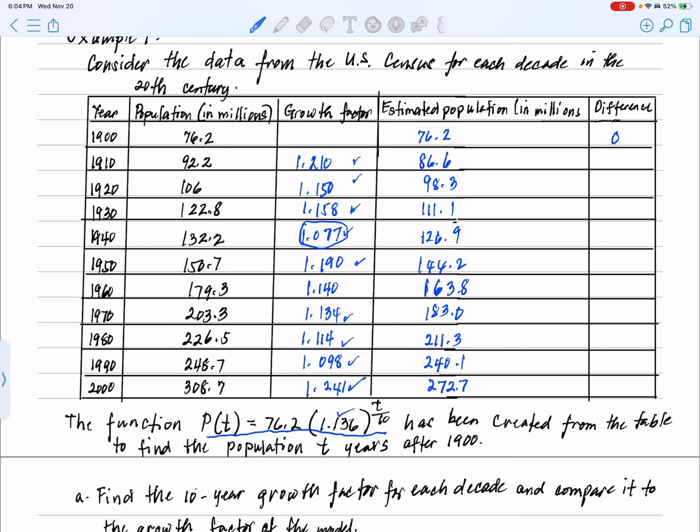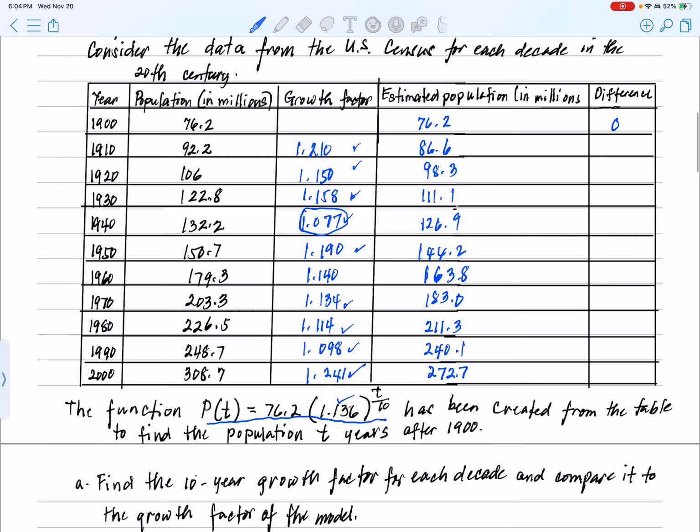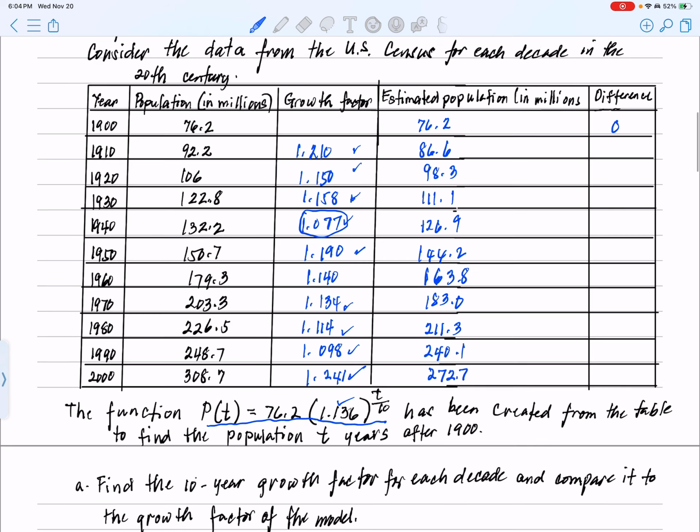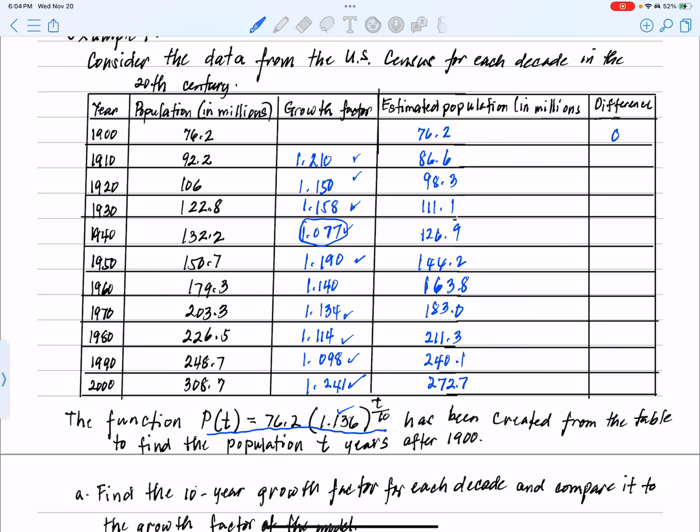Oh, hold on. 98 minus 86.6. 92.2 minus 86.6, we come up with the difference of 5.6.